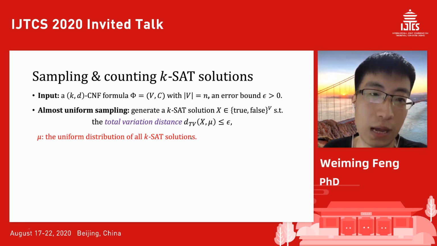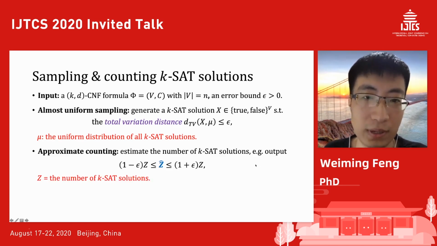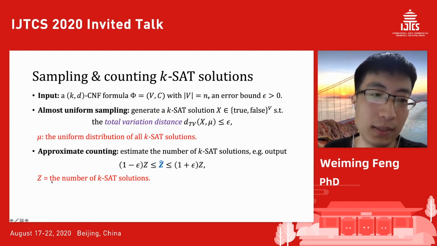The algorithm should output a random solution x, such that the total variation distance between x and mu is bounded by a given bound epsilon. The counting problem requires estimating the number of different solutions. The algorithm should output a number Z-hat, which is an epsilon approximation to Z. Here Z denotes the number of KSAT solutions.